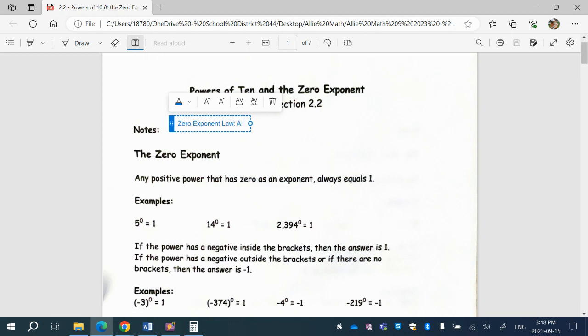It states that a power with an integer base other than zero and an exponent of 0 is equal to 1.